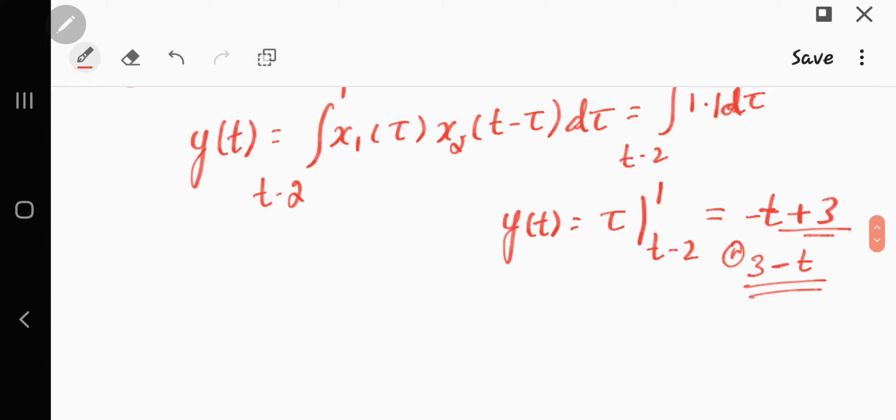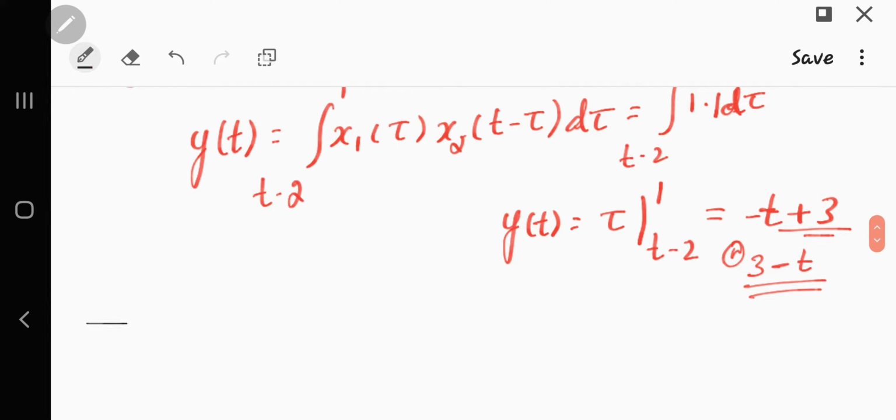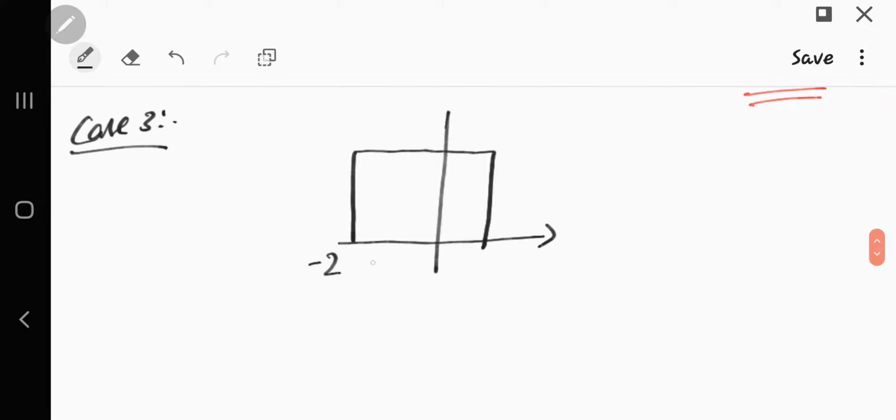Now let's move on to the next case, that is case 3. Now here I will shift this further to the next division. Minus 2, minus 1, 0 and 1. So this is my x1 of tau.